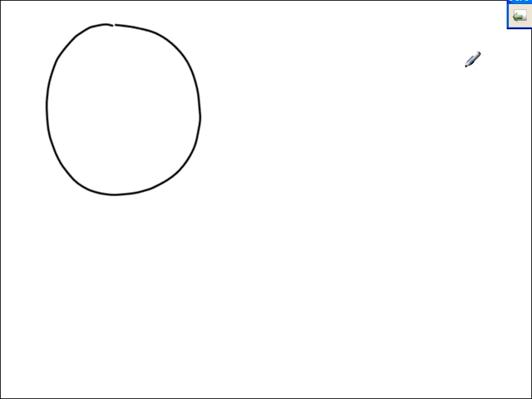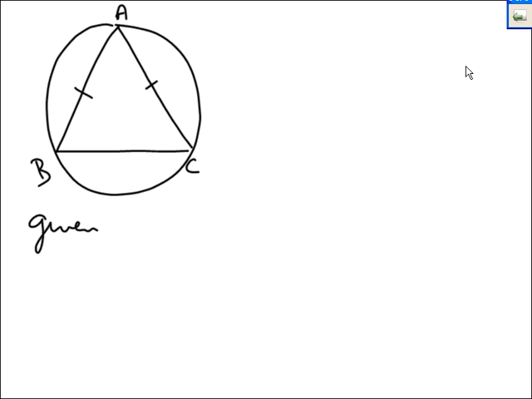Here we have, again, a triangle inscribed, and this triangle happens to be isosceles, ABC, with AB and AC being the congruent sides. So let's write this down. What are you given? AB is congruent to AC.